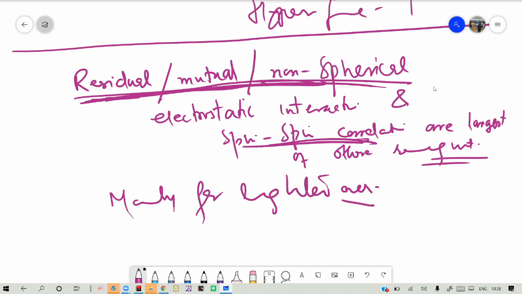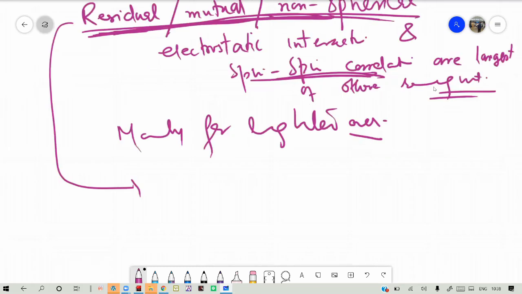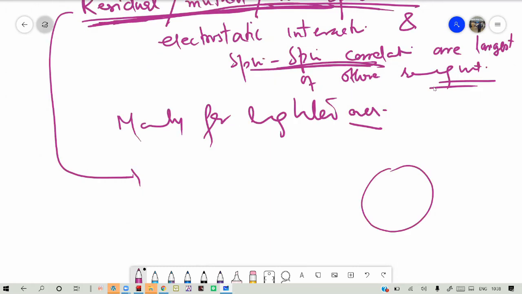What is this residual, and how do we represent it? We have an orbit, and electrons are here, here, here, here. In an orbital of a particular definite energy, they have a definite probability in this particular region.